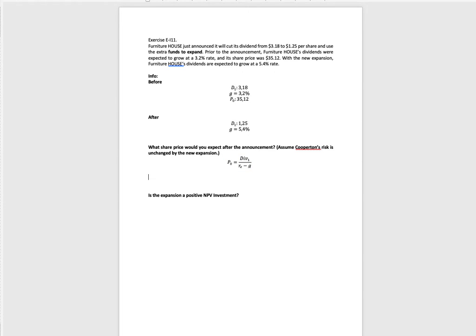So we can just rearrange this formula. I'll just do the algebra so you understand the process.